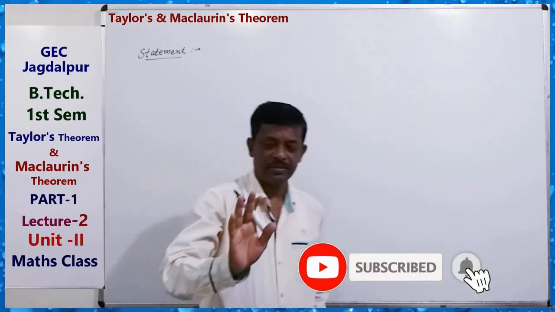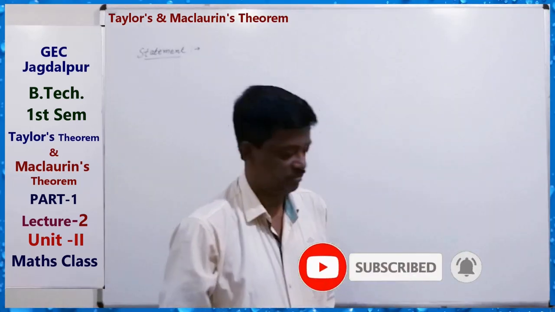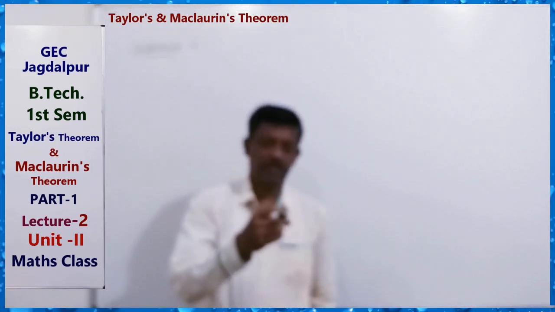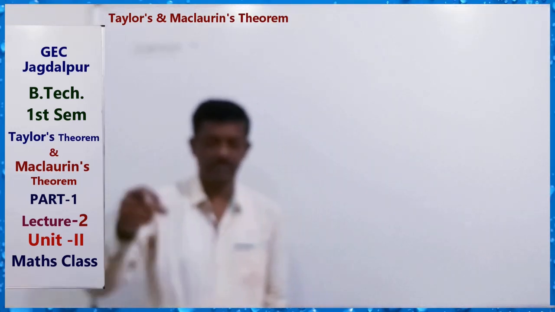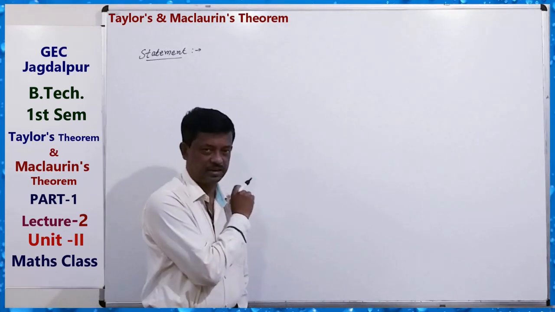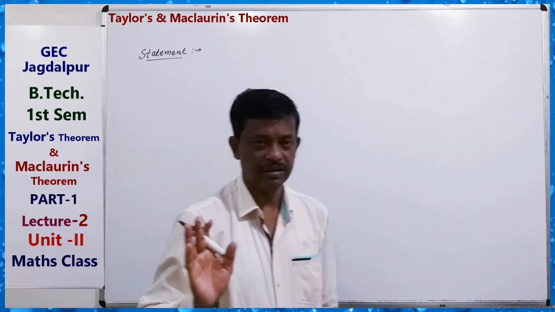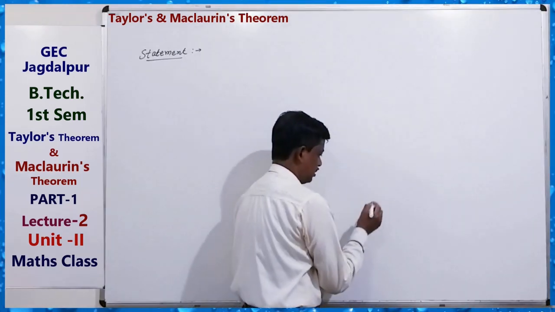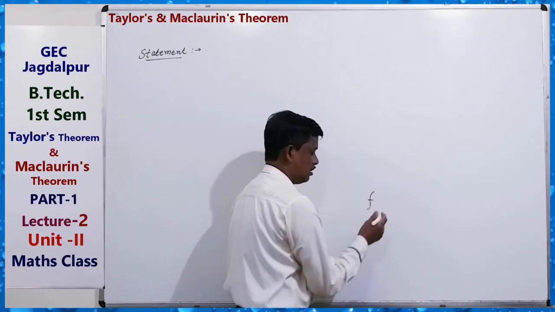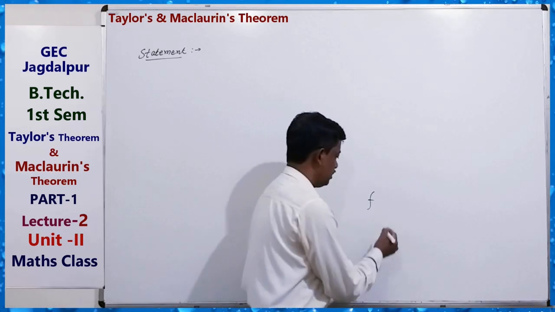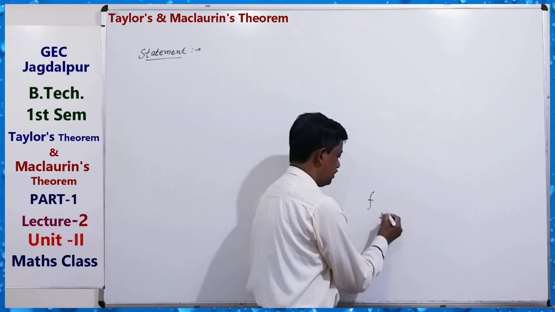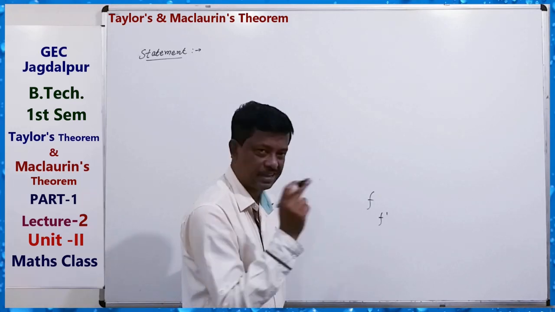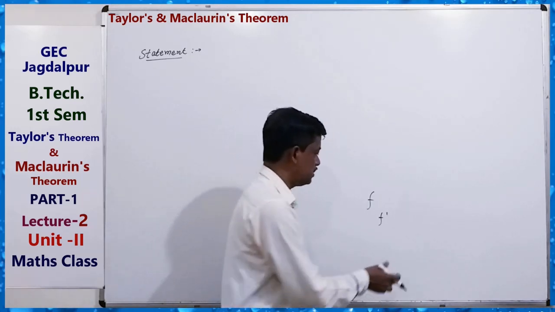Just like the Lagrange mean value theorem, this is another form of it, with theta lying between 0 to 1. This Taylor theorem is a generalization. In the Lagrange theorem, f is continuous, and f dash exists, that is, f is differentiable.